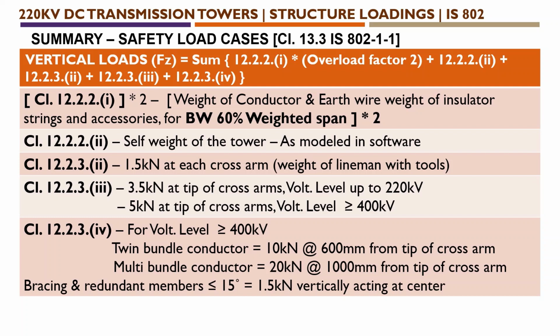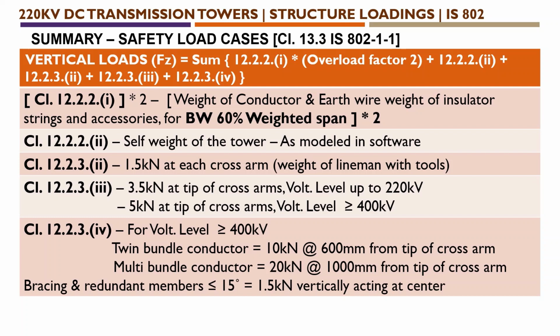And the next one is 12.2.3 of 3, in that 3.5 kilonewton at the tip of cross arm to be considered up to transmission line voltage of 220 kV, and for 400 kV and above we need to consider 5 kilonewton at the tip of every cross arm.